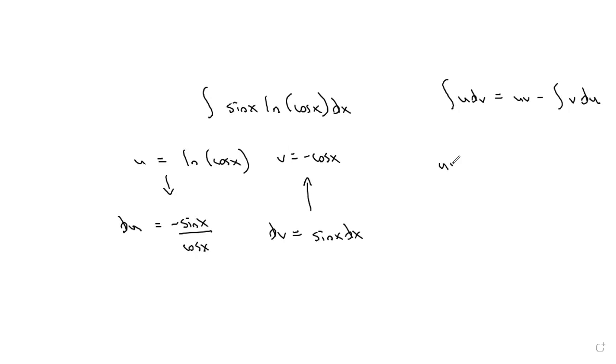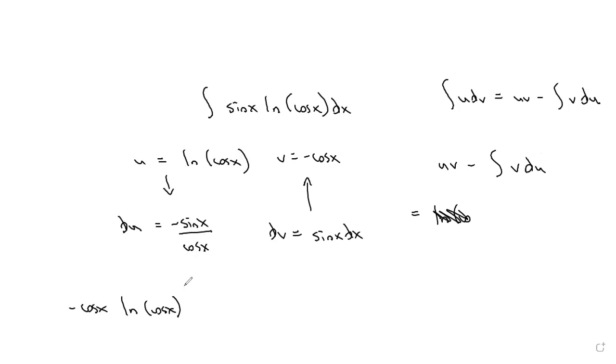So it should be uv minus the integral of v du. U is ln of cos x. I'm going to run out of room doing it this way, so I'm going to do it on the bottom. Sorry. U is ln of cos x. Good. V is minus cos x. And I'm just going to put that on the left right here, minus cos x, because I'm going to do that eventually anyways.